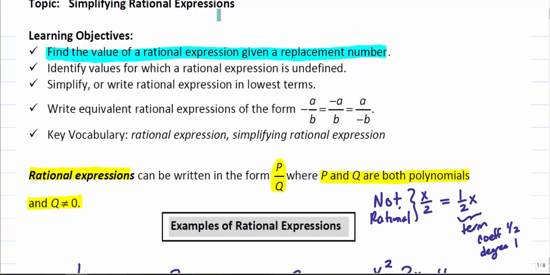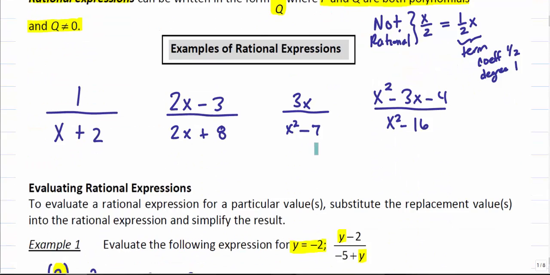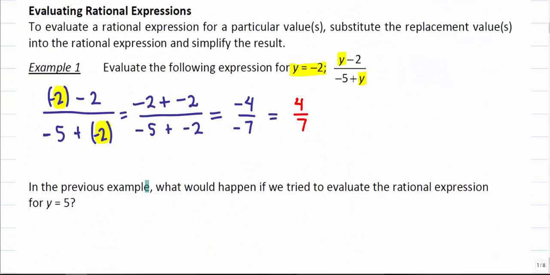Now if I go back up here, let's look at this next objective. Identify values for which a rational expression is undefined. There's a sentence here that says, in the previous example, what would happen if we tried to evaluate the rational expression for the number 5.